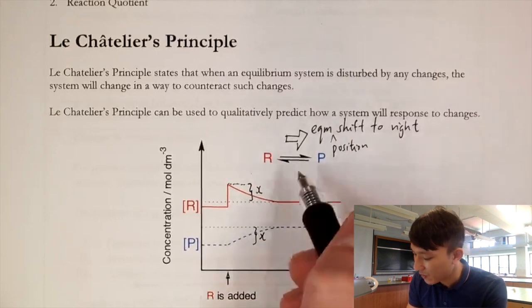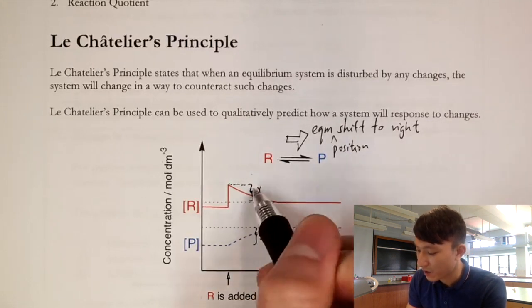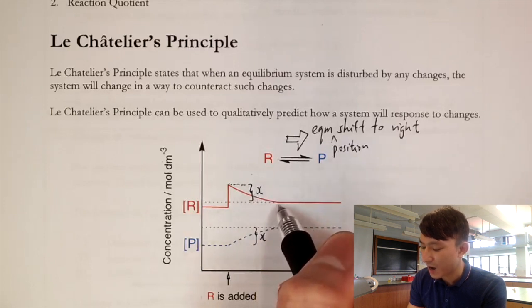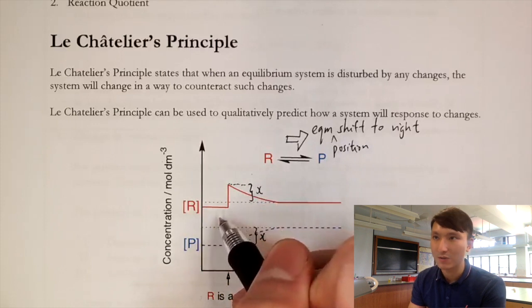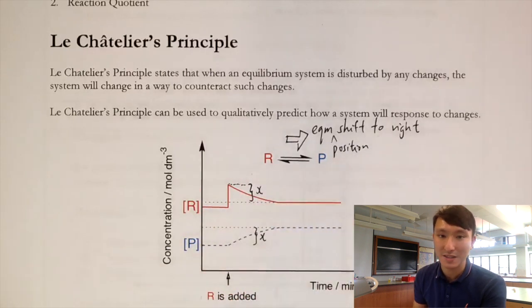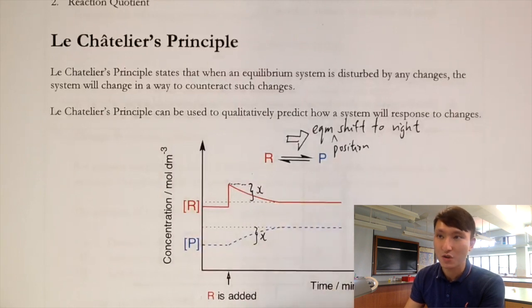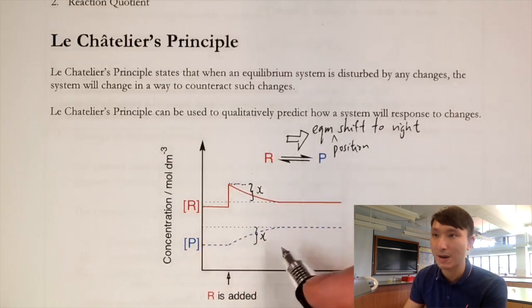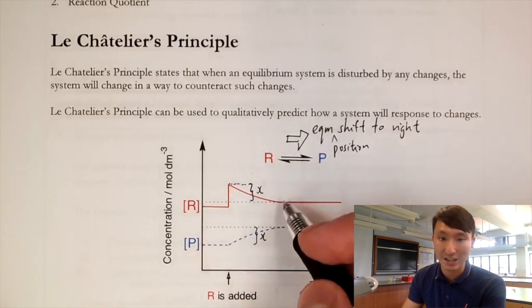You notice that even though you successfully lower the concentration of R, at the end of the day you still have a higher concentration of R when compared to the original. This is what we call what's done is done, right? Because you have added the R, you cannot completely remove it. So what the system can do is to counteract in order to minimize the change, but it doesn't go back to the original.